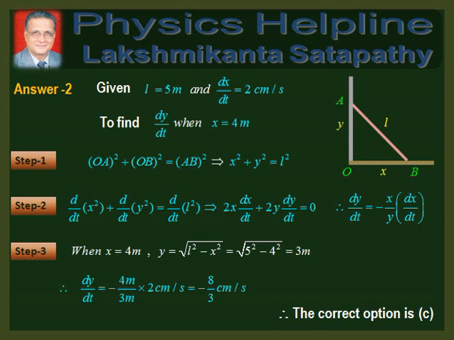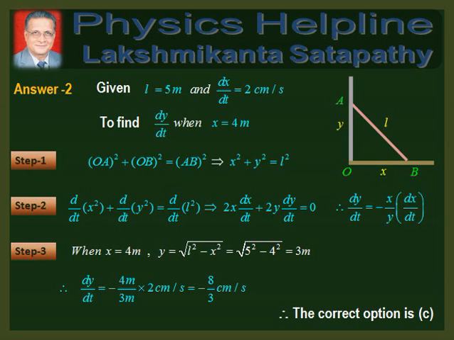In the first step, we establish a relation between x, y, and L. In the right angle triangle AOB, we have OA square plus OB square is equal to AB square, which gives x square plus y square is equal to L square.